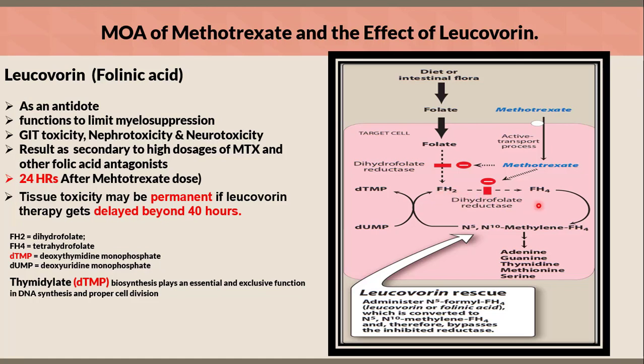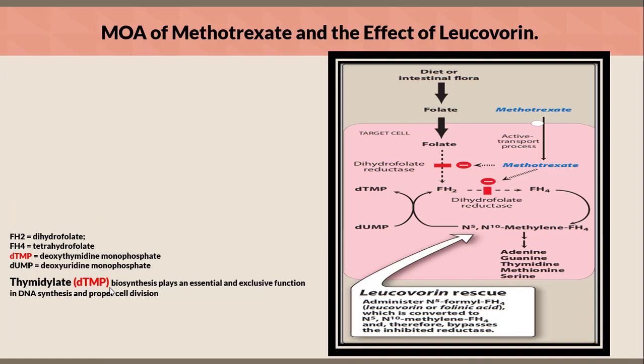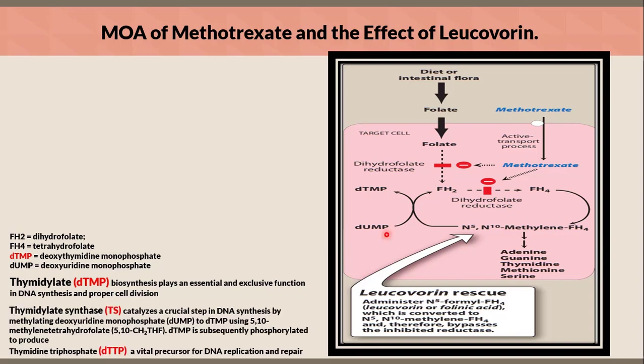tetrahydrofolate. After that, the tetrahydrofolate is converted to N5,N10-methylene tetrahydrofolate, which plays an essential and exclusive function in thymidylate, or deoxythymidine monophosphate, biosynthesis, and in DNA synthesis and proper cell division.